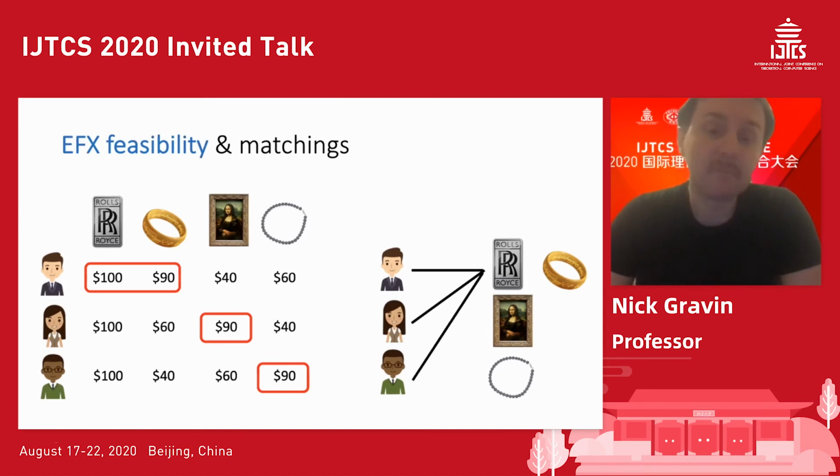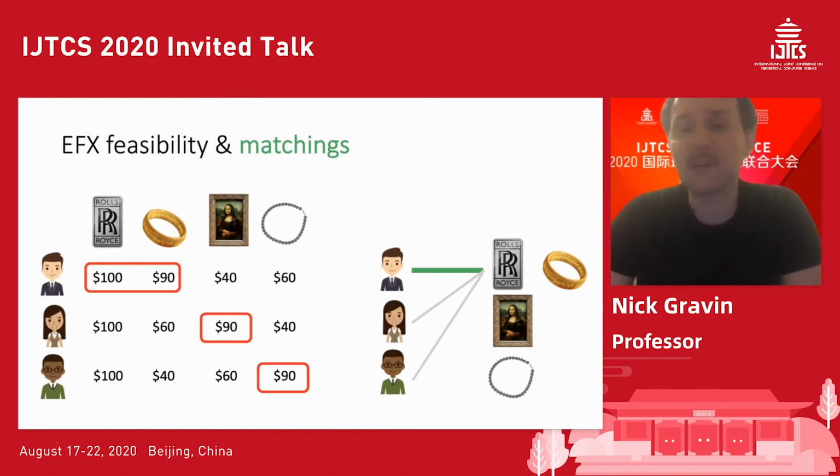Initially there is only one bundle that is EFX feasible for everyone. It's the Rolls-Royce and a ring. We cannot assign anything else. So the matching I mentioned before would be to give it, let's say, to the first agent. That's actually how we arrived at this specific partitioning.